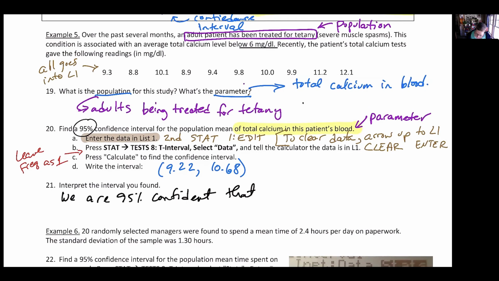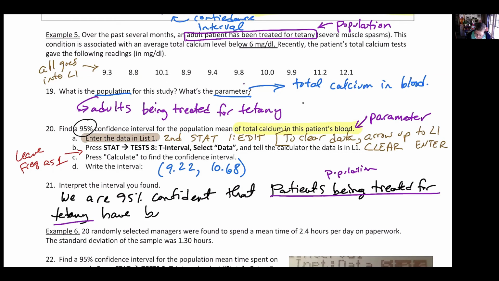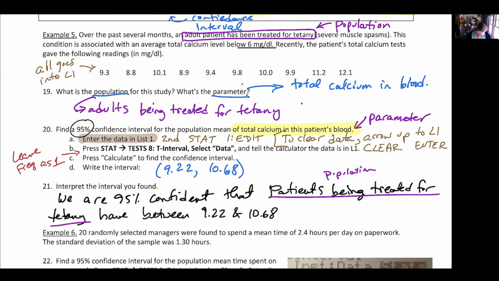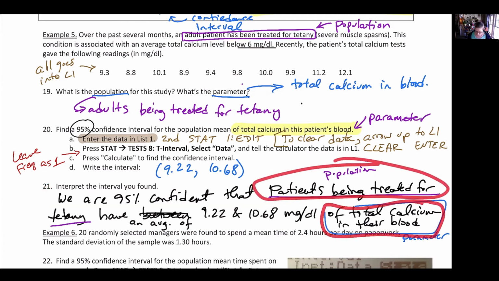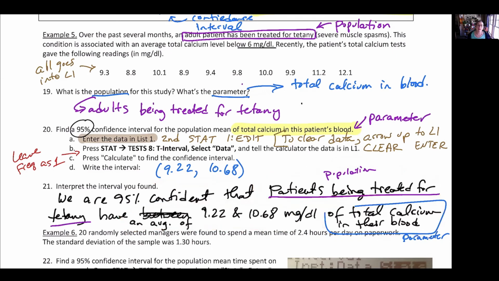So we're going to say patients being treated for tetany, here's my population, have an average between 9.22 and 10.68 milligrams per deciliter of total calcium in their blood. So this is the parameter. I apologize, I don't have a shell wording for this, but you just got to make sure that you have the population in there somewhere, you have the parameter in there somewhere, and you have the average values that you found.